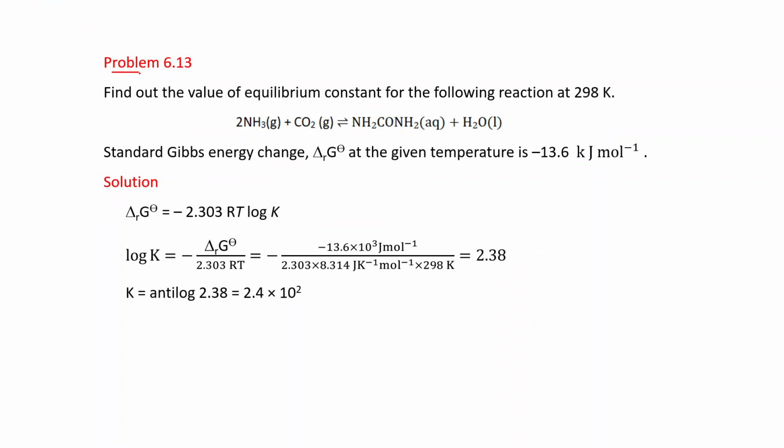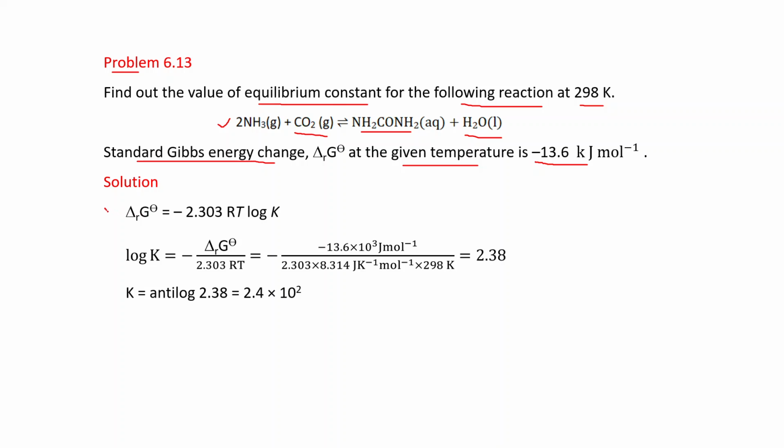One more question. Find the value of the equilibrium constant for the following reaction at 298 Kelvin. The reaction is 2NH3 gas plus CO2 gas converting into NH2CONH2 aqueous plus H2O liquid, and the standard Gibbs energy change at the given temperature is minus 13.6 kilojoule per mole.